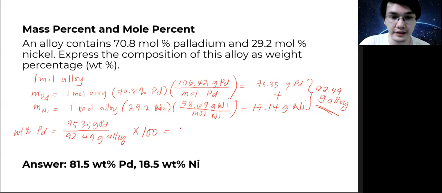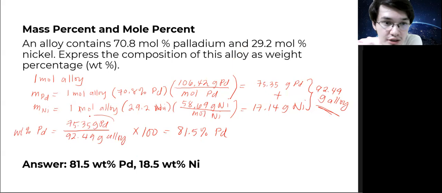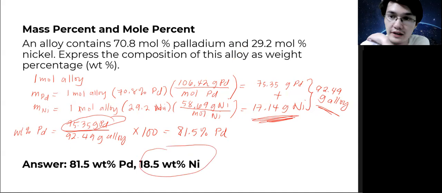And we would get 81.5% palladium. Then the same thing goes for nickel. We just change the numerator to the mass of nickel. Then we will be getting 18.5 weight percent nickel.